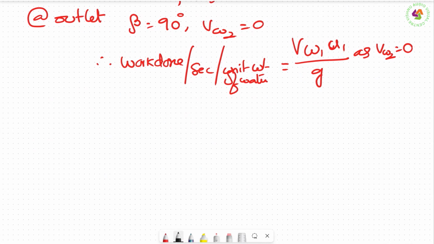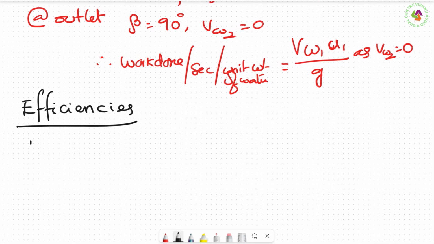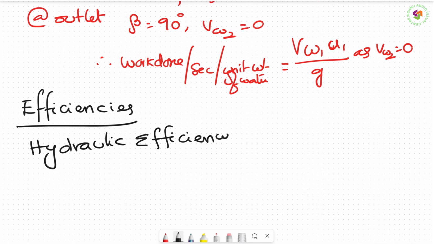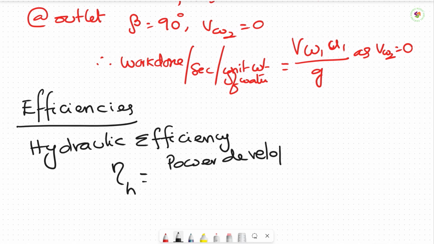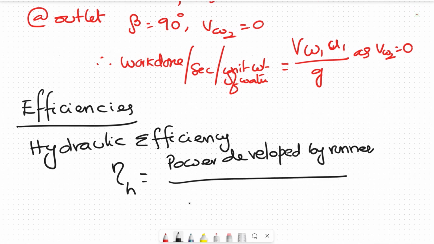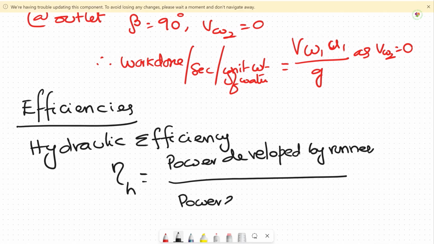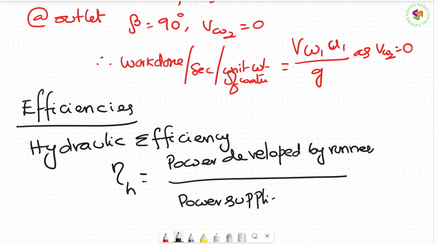Then let us go into the efficiencies. First one is hydraulic efficiency, which is equal to power developed by runner divided by power supplied to runner.